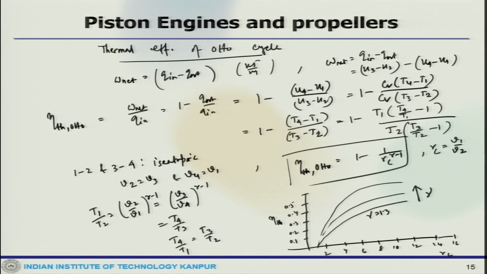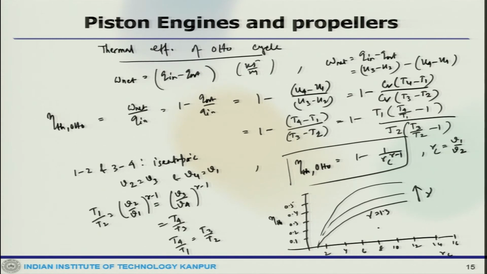So, the increase in thermal efficiency with the compression ratio is not as pronounced at high compression ratios. That means when you go beyond a certain compression ratio, it is not necessarily true that efficiency will increase further, but at the lower RC, as we increase it, it increases.